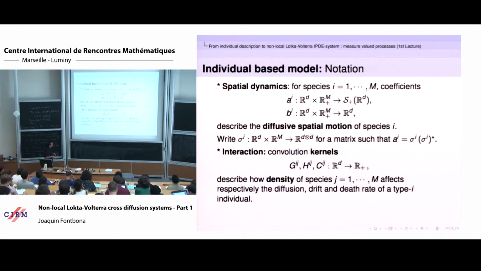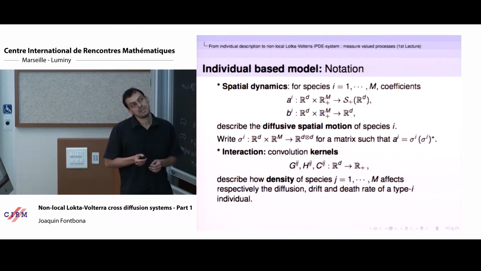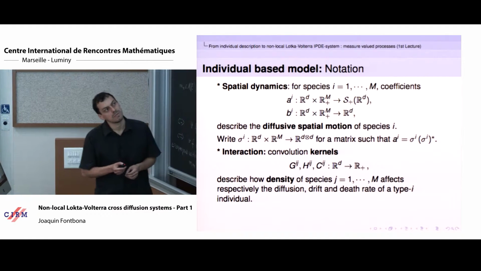More precisely, you can think of them as convolution kernels, which I will convolve with my measures. And I will then be able to see how population j is affecting an individual of population i at different levels. This could be at the level of the diffusion, at the level of the drift, and also at the demographic level.